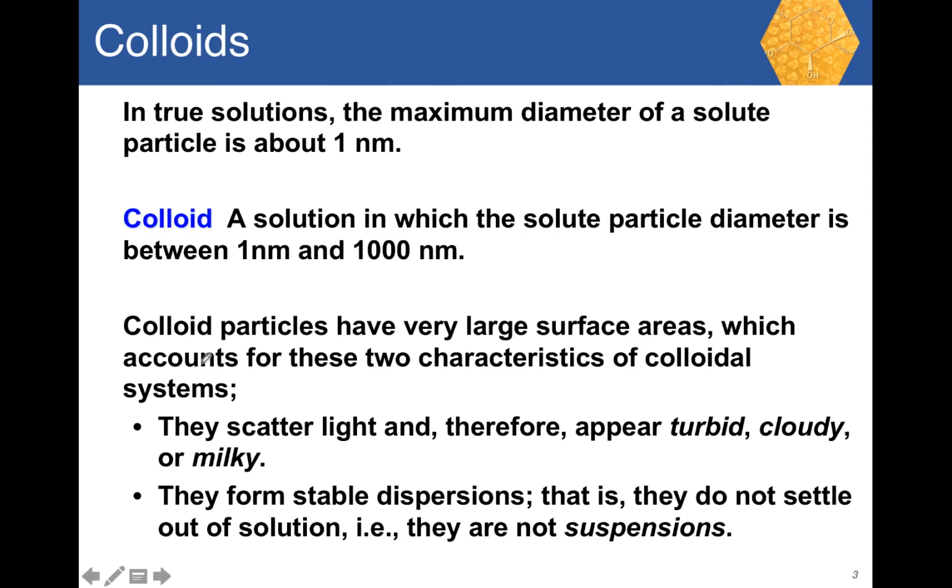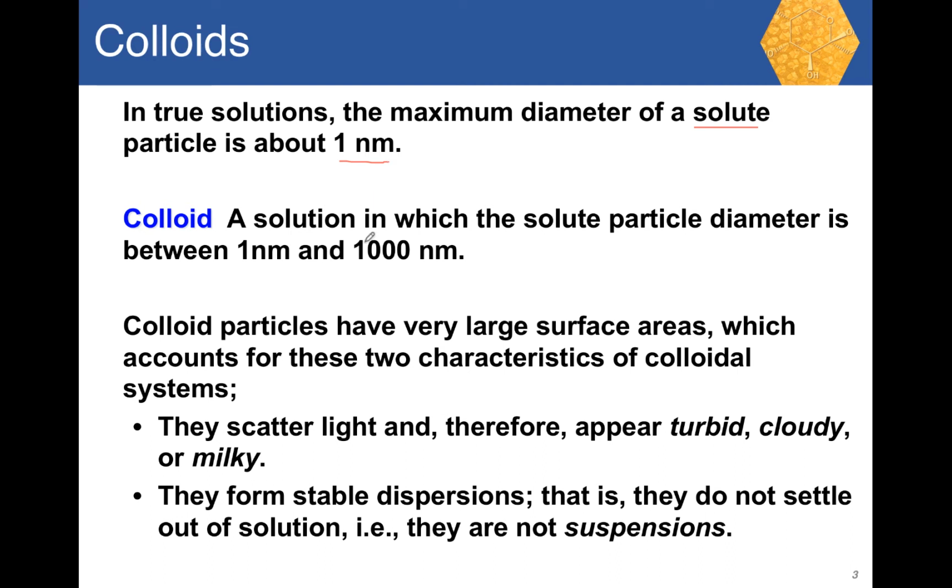Okay, let us start by defining colloids. In true solutions, the maximum diameter of the solute is about 1 nanometer. So just imagine here a true solution of sugar and water, where the water is a solvent and the sugar molecules are the solute. As you can imagine, the sugar molecules are really small.